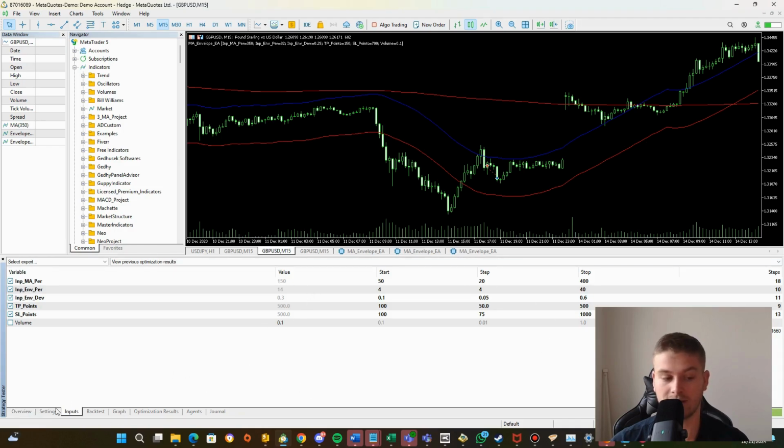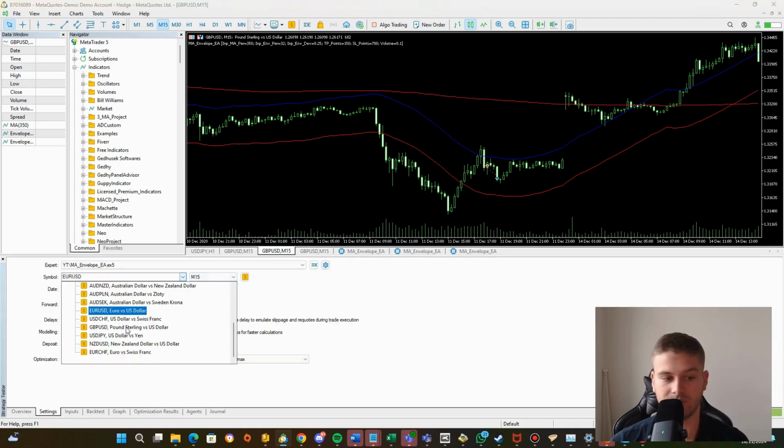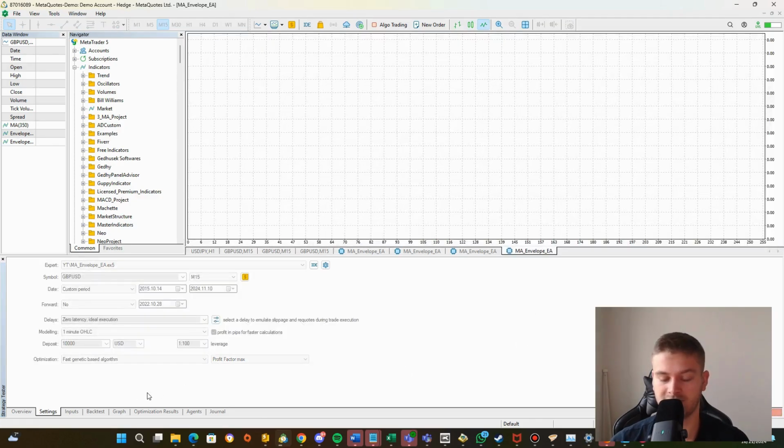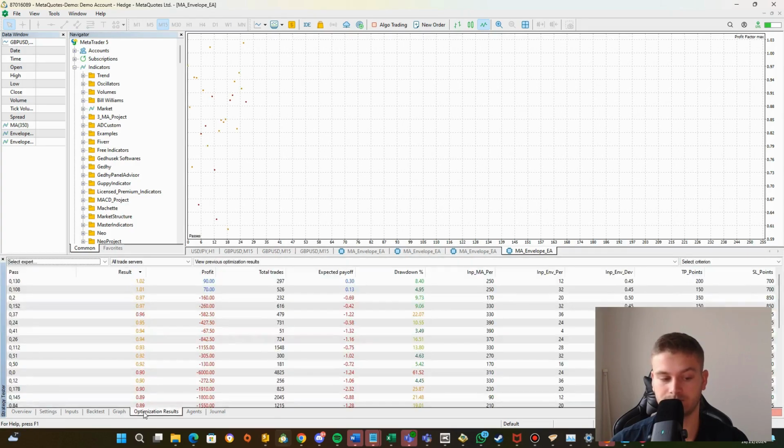I'm not changing anything, and let's see firstly on GBP/USD, because the prior version was profitable on GBP/USD. So let's just see if this version can also be profitable.